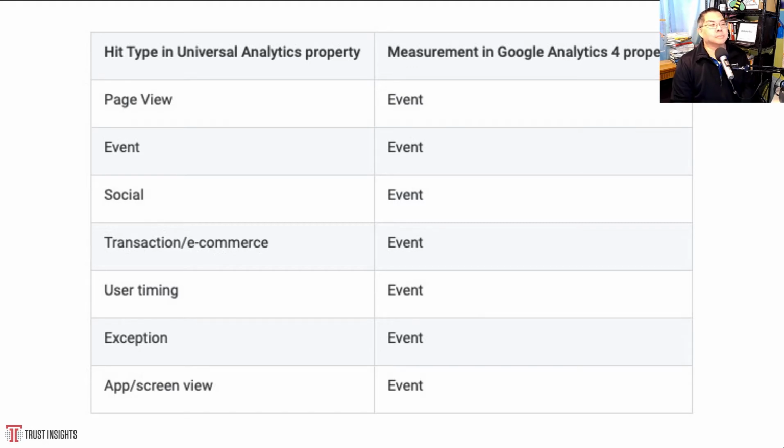So in GA4, Google has flattened everything out to events. Everything is an event now. There is no such thing as a page view anymore. There is no such thing as a social call or a user timing or a bounce rate or any of these things. Everything is an event now. And this flattening means that it's now possible to understand apples-to-apples comparisons of a lot of different metrics, to engineer a lot of different metrics that previously you couldn't.